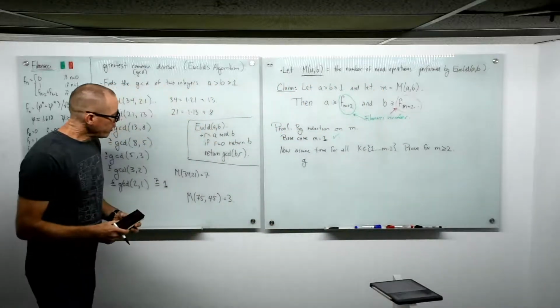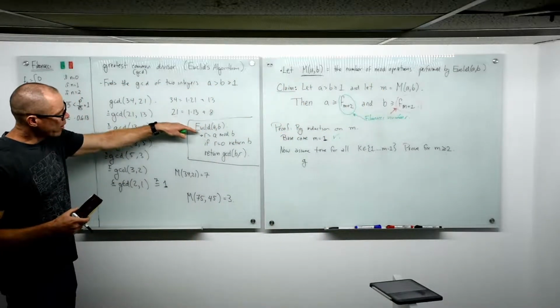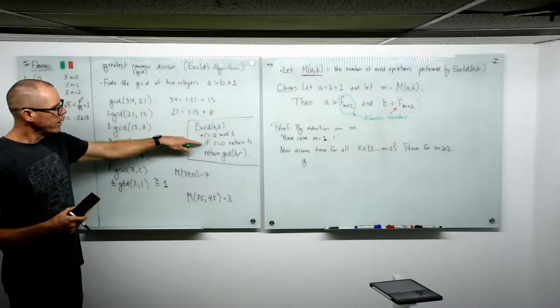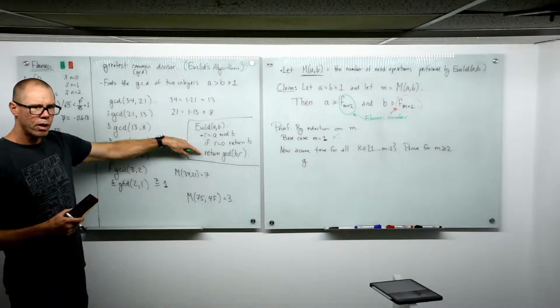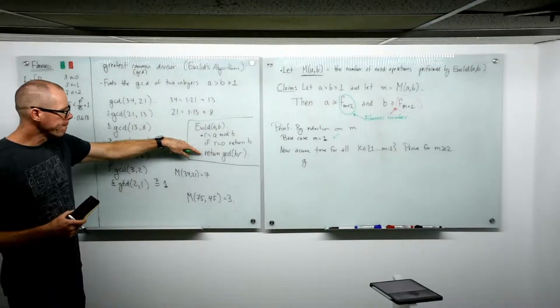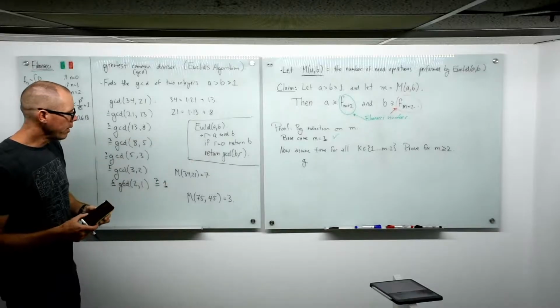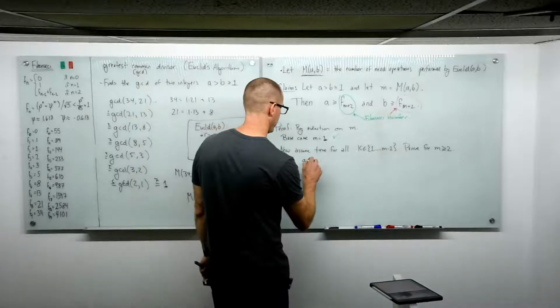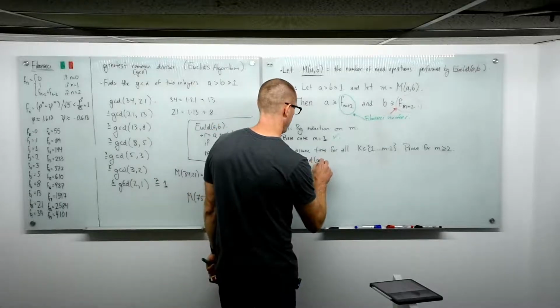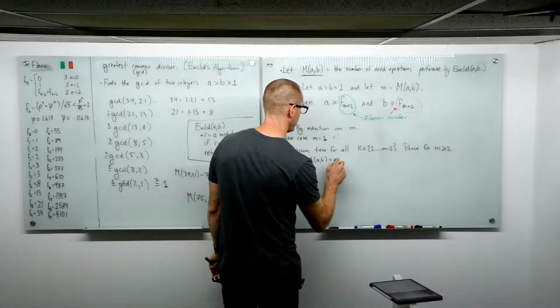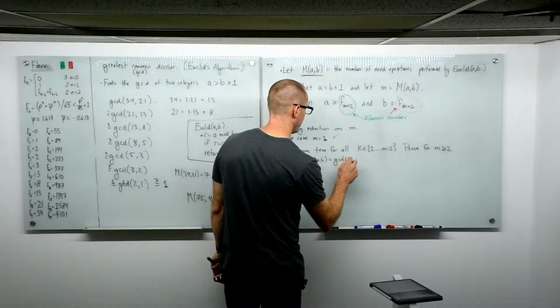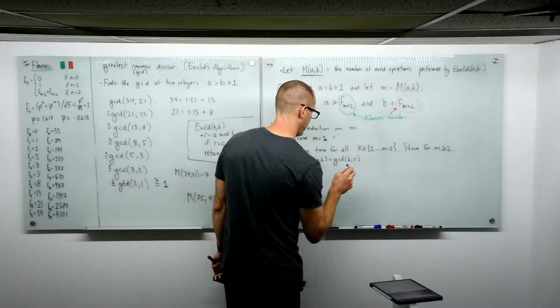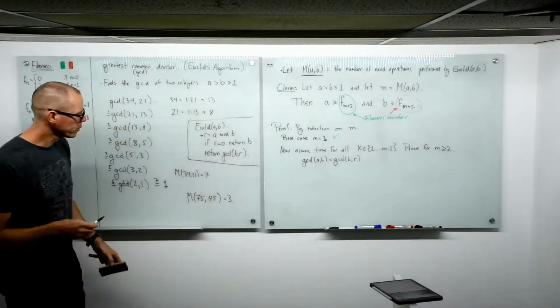If m is bigger than or equal to 2, that means the algorithm doesn't stop immediately. It makes at least one recursive call. So that means that the GCD of A and B is equal to the GCD of B and R, the remainder.